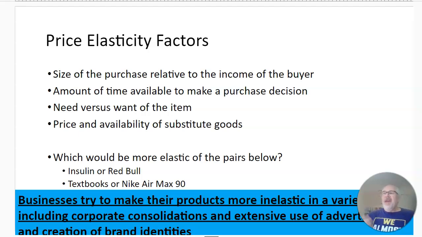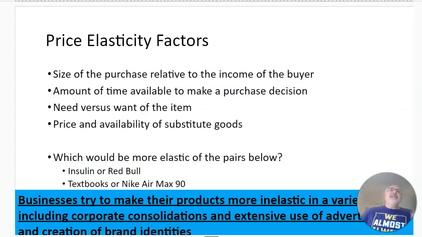So, for example, if the price of a pack of gum goes up 20%, you're probably not even going to notice it and continue to buy it as you would. Anyway, if the price of your mortgage goes up 20%, that is going to be noticeable. The second thing is really important, and this is the amount of time that you have to make a purchase decision.